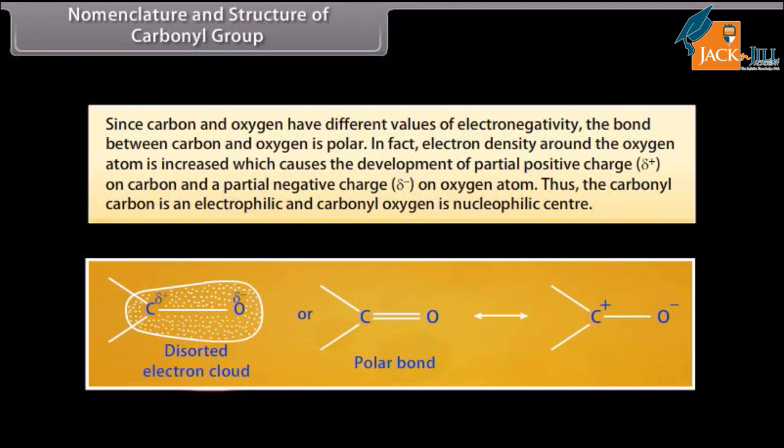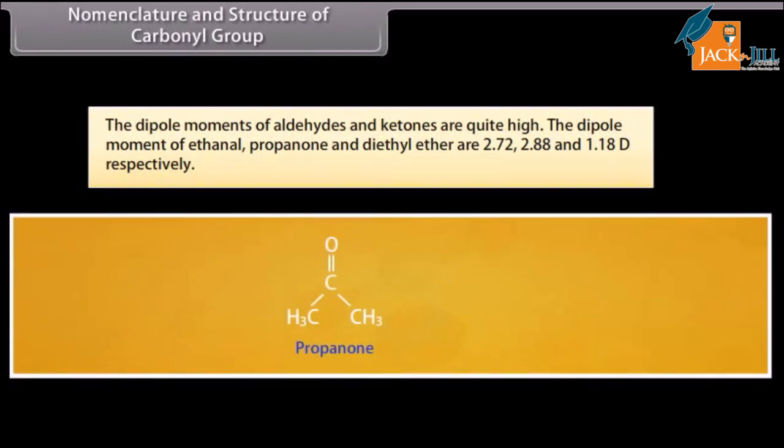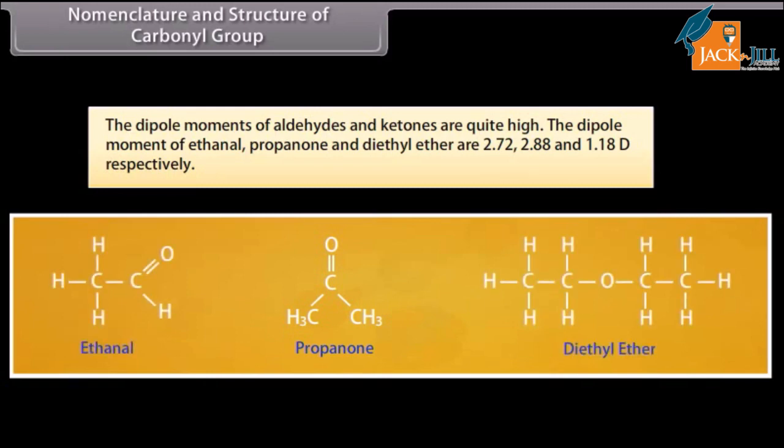Thus, the carbonyl carbon is an electrophilic and carbonyl oxygen is a nucleophilic center. The dipole moments of aldehydes and ketones are quite high. The dipole moments of ethanal, propanal, and diethyl ether are 2.72, 2.88, and 1.18 debye respectively.